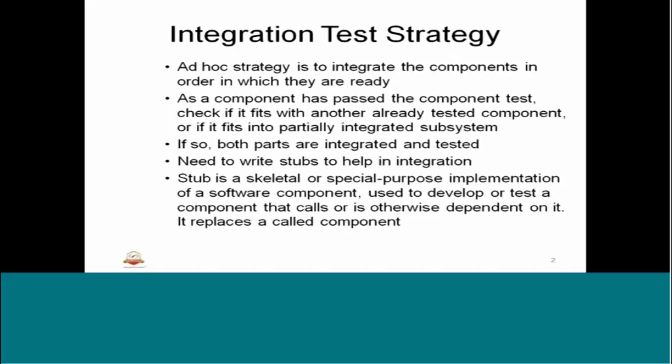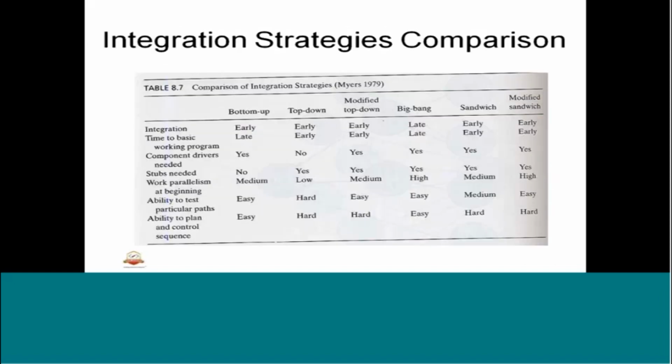So different strategies, we had a comparison in terms of time and the neatness of the component drivers or the stubs, parallelism, ability to test the particular paths, ability to plan and control the sequences. Also, we had gone through the advantages and disadvantages of top down and the bottom up.